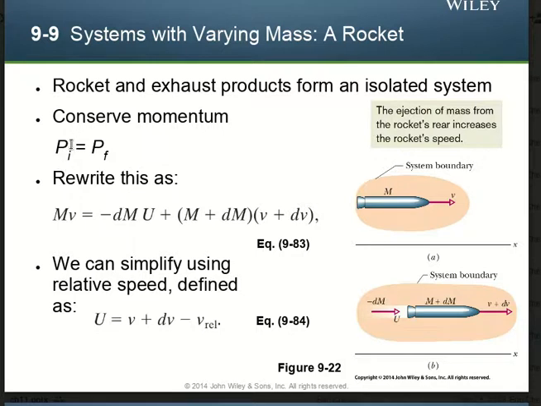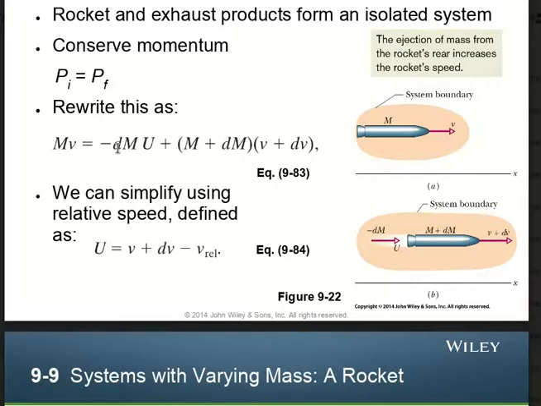Initially the momentum is mass times velocity, and finally the linear momentum is the mass, which is the original one plus some change, and the velocity, which also changes. Also you have this term, where u is the speed of the products, and it also depends on how much mass is lost, used in these products, and it's negative because it's the change in mass for the product, so it's lower. So anyway, they have to cancel each other.